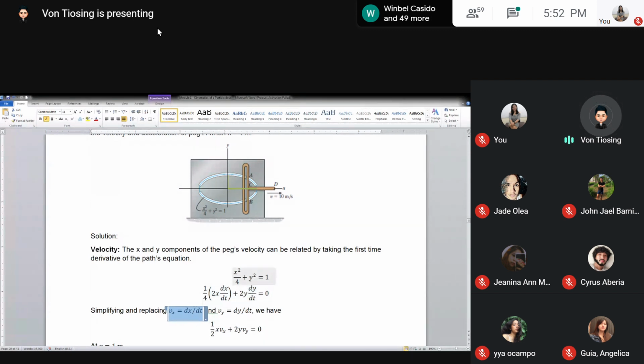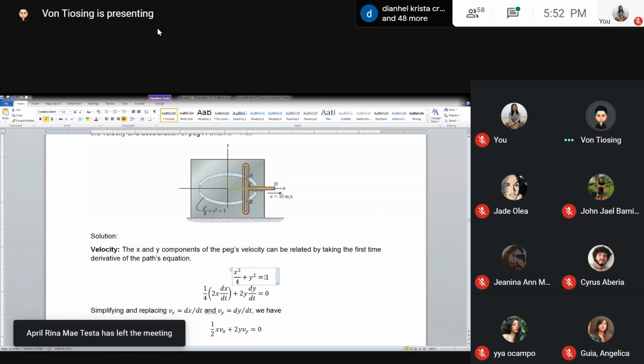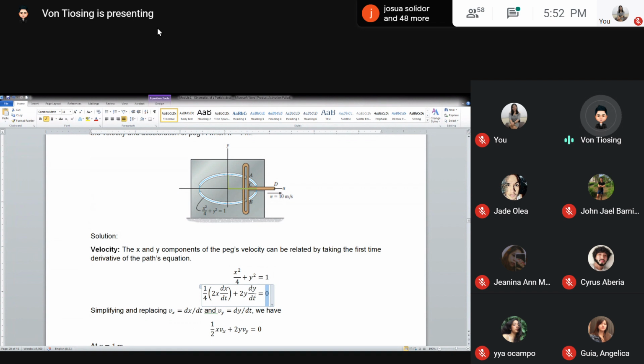And the other one is the derivative of y squared with respect to t. So that is 2y times the derivative of y with respect to t. And the derivative of 1 is equal to 0. Kahit saang variable mo siya i-differentiate, is 0. So, then dy over dt is also the y component of the velocity. Okay? So, we can substitute vx and vy respectively sa dx over dt and dy over dt.